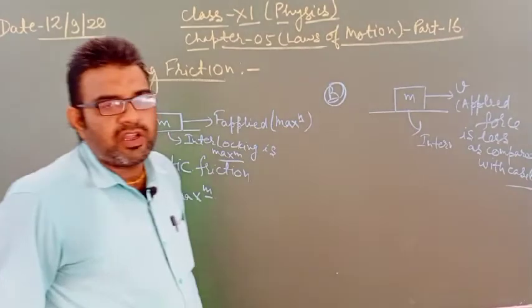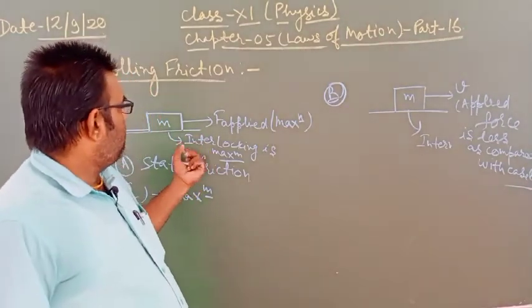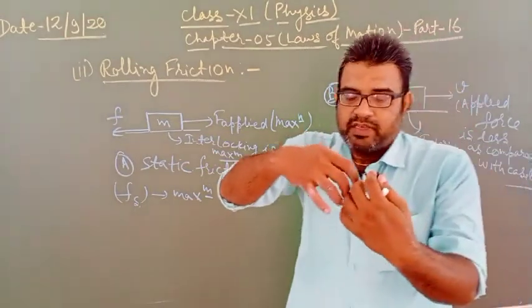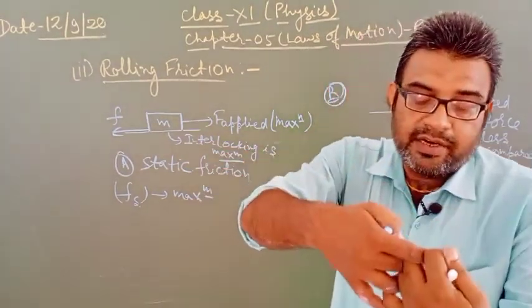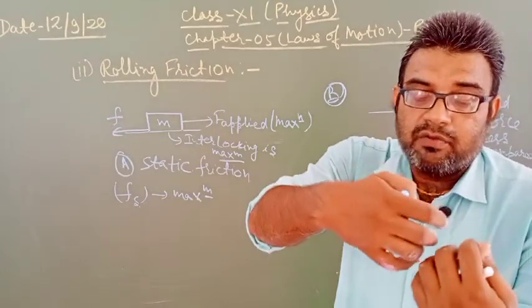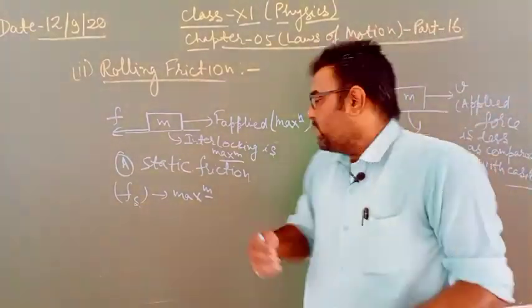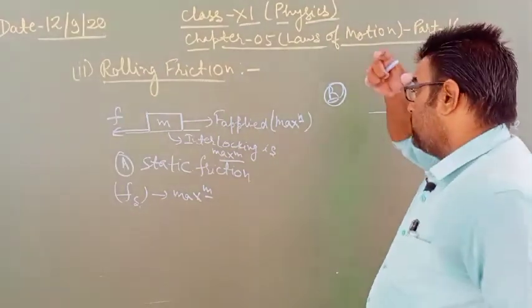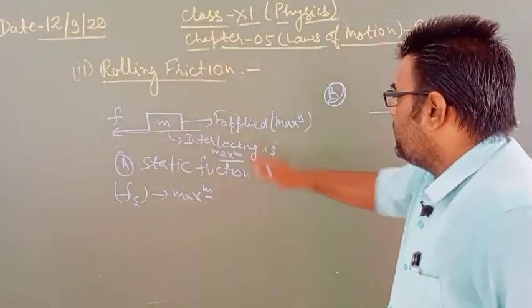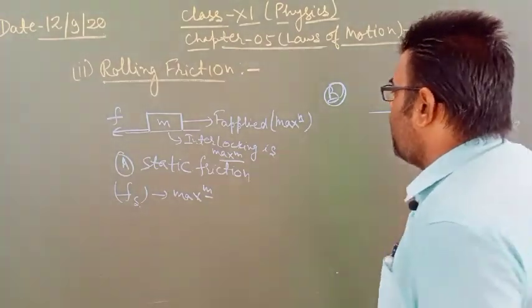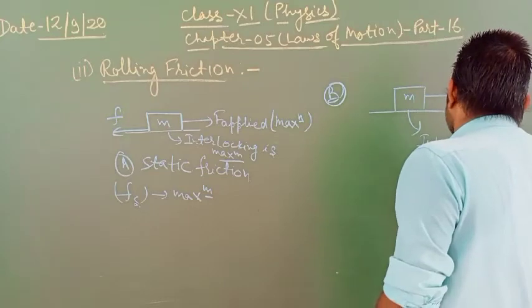Why is interlocking less here than in static friction? Because when the object is moving, it counters whatever opposition is offered by the interlocking. So interlocking is less than in the case of static friction.